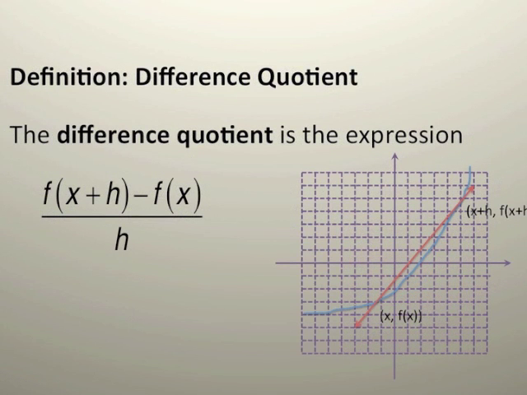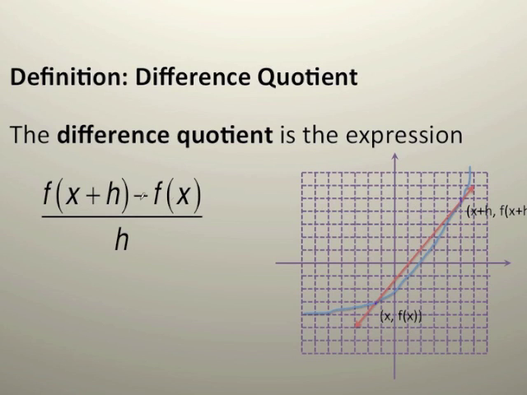If we happen to define those 2 points as x, where the y value is f of x, and here's x plus h, and the y value is f of x plus h, as it would be, then we have what's called the difference quotient, and it's really just the average rate of change.